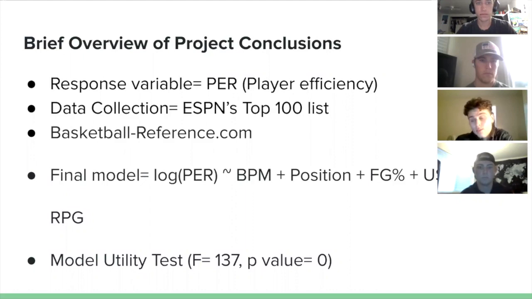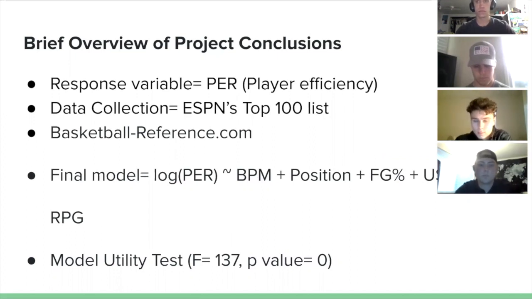Once we got that list of 100 players, we used basketballreference.com, which is one of the largest basketball archiving sites on the internet, and we compiled about 42 different variables for those 100 players, about 20 of which were used in our final model.